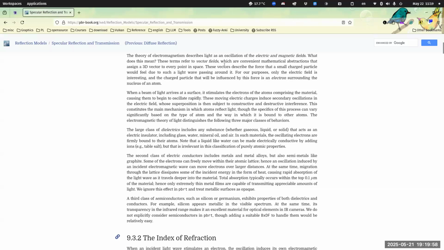Electromagnetism describes light as oscillation of electric and magnetic fields. These terms refer to vector fields, which assign a vector to every point in space.